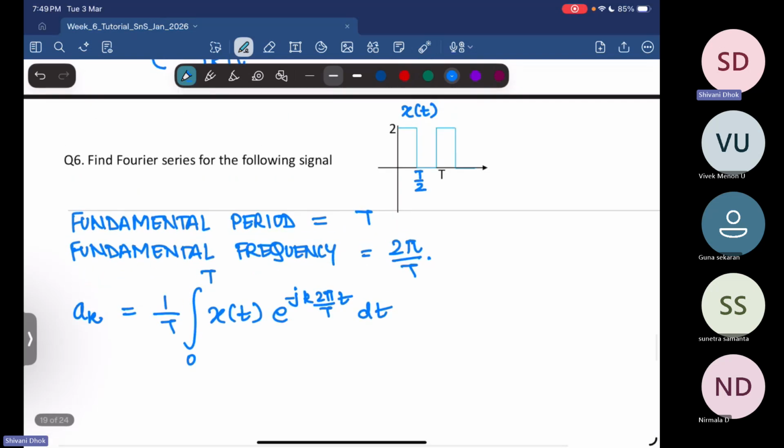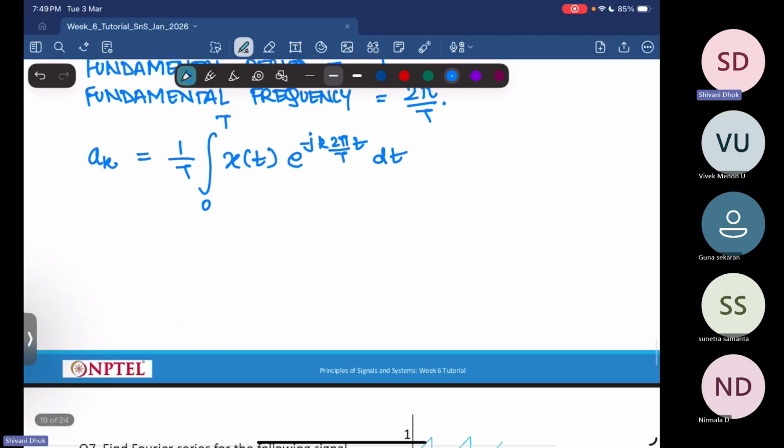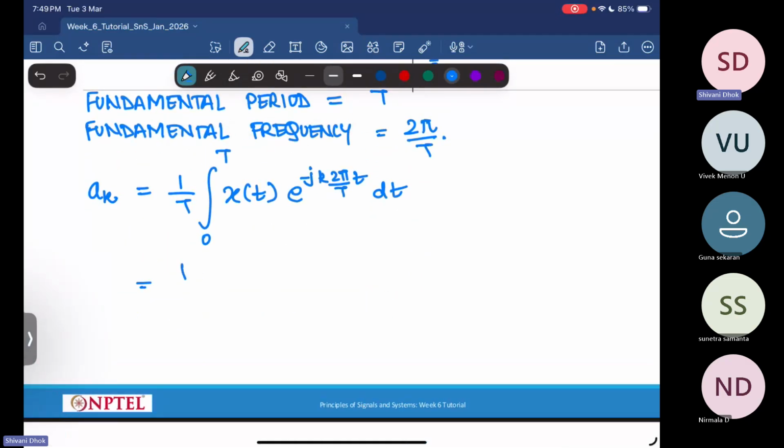Now this x of t is equal to 2 for 0 to T by 2, otherwise it is 0. So this integral limit survives only for 0 to T by 2. In that it is 2 into e power minus j k 2 pi by capital T into t into dt.